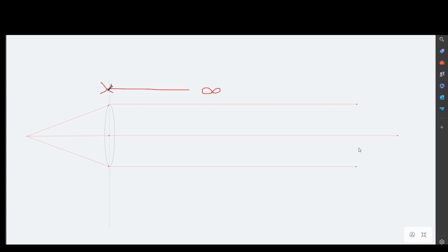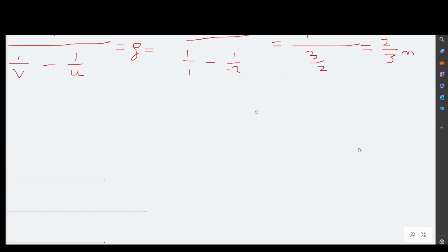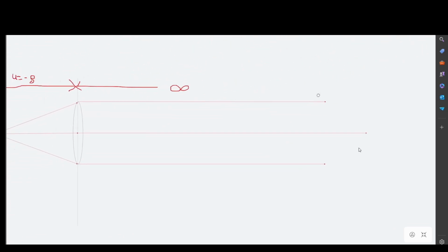You may still be uncomfortable working with infinities for some of you. So u equals, technically this will be minus the focal length because it's still going to be negative. And we know that this is, I believe it was 2 over 3.